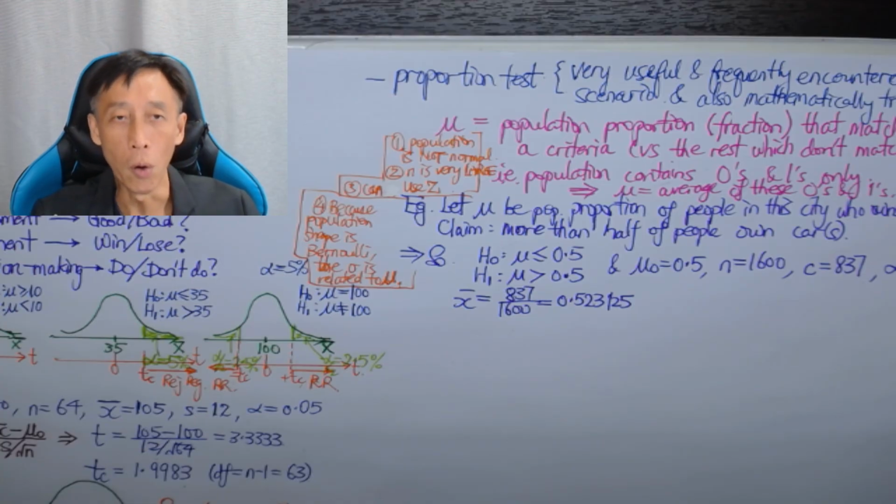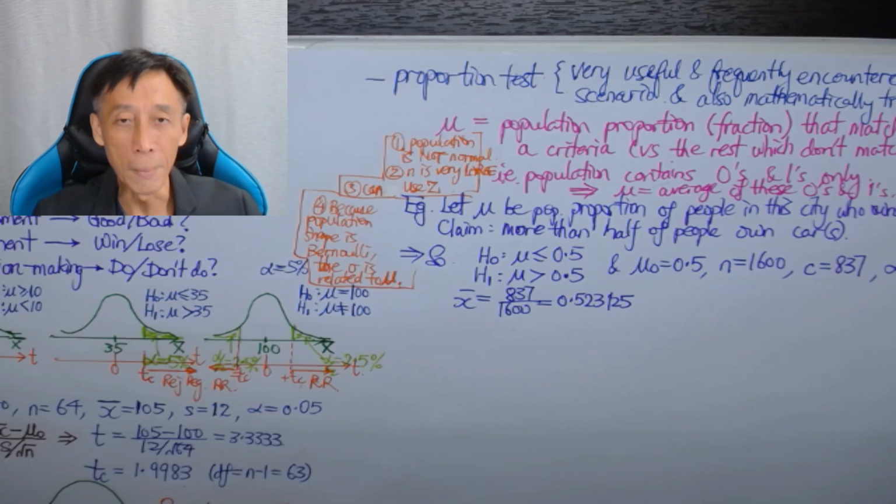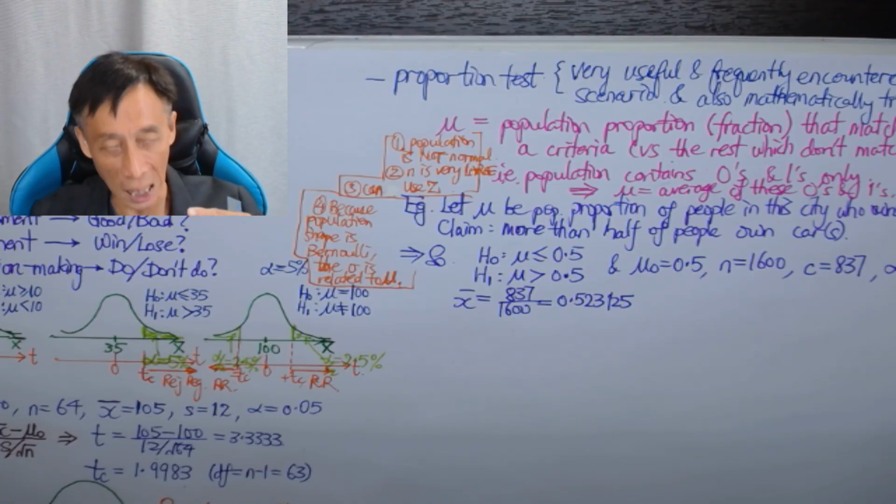Not so for the Bernoulli distribution. In fact, for many distributions like exponential distributions, binomial distributions, the mean and the standard deviation are closely related. There's a formula, a bridge linking one to the other. Therefore, if you know one, you can reverse engineer to know the other.